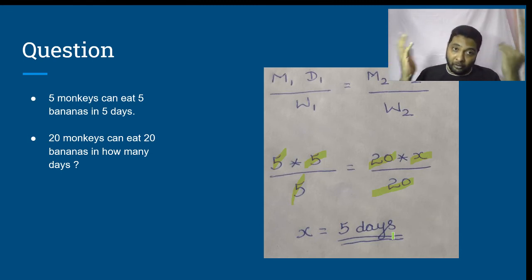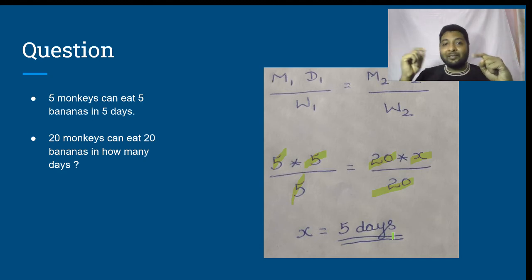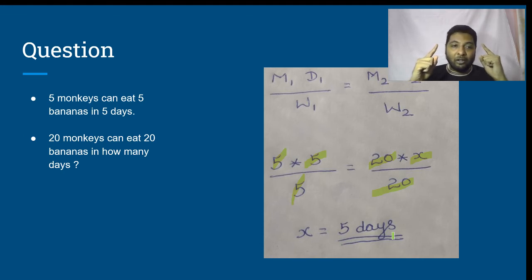If you want to go even deeper, one monkey can eat one banana in 5 days. That means every monkey eats 1/5 of a banana per day. So when I have 20 monkeys, if all the 20 monkeys eat 1/5 of a banana, that means 1/5 of 20, which is nothing but 4 bananas, get over every day.